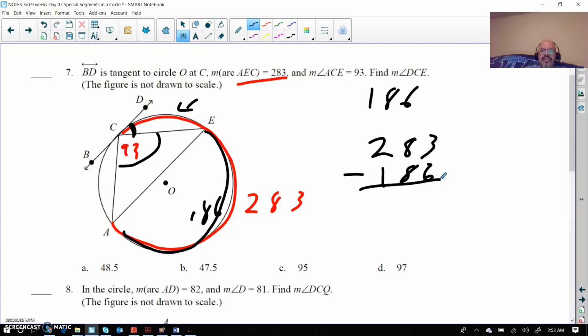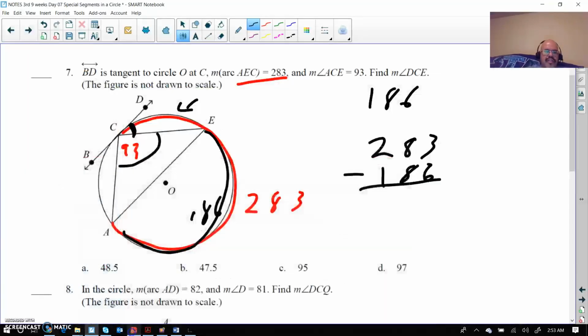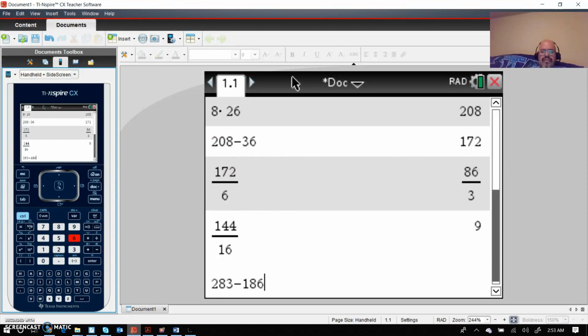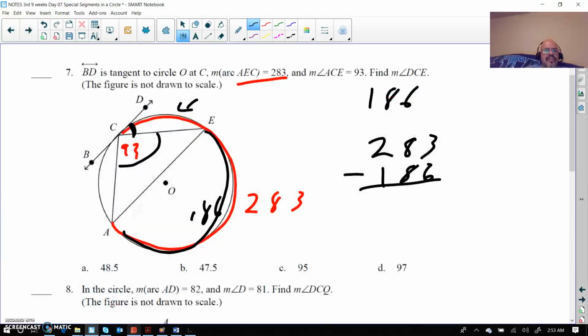So let's find out what 283 minus 186 is. Okay, that's 97 degrees. So this is 97 degrees right there. So we're just going to take 97 degrees and divide that by 2.